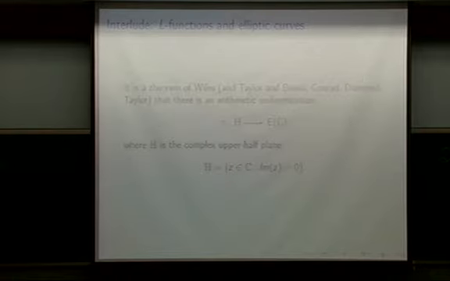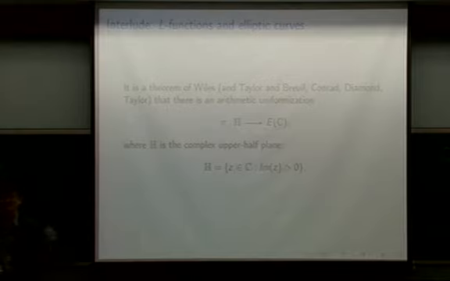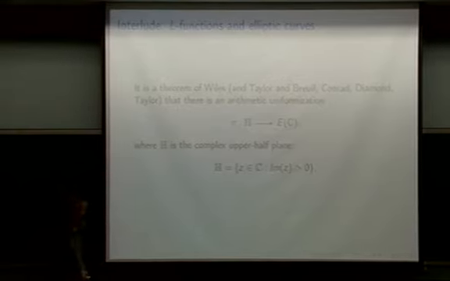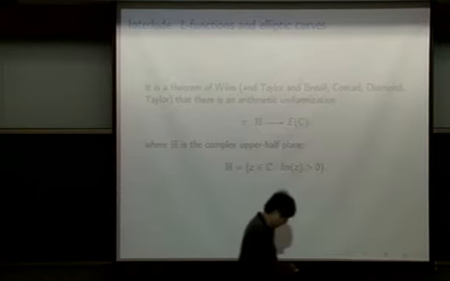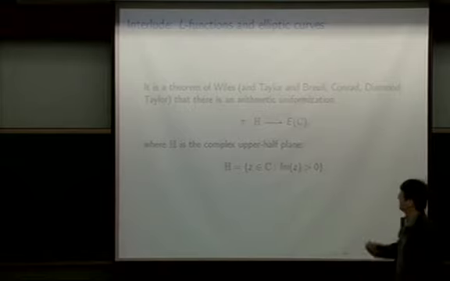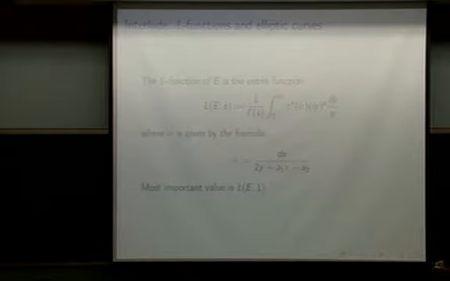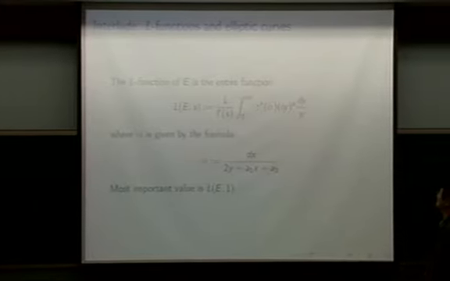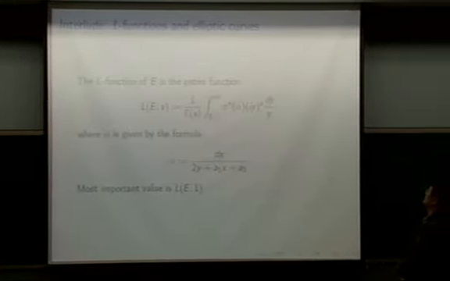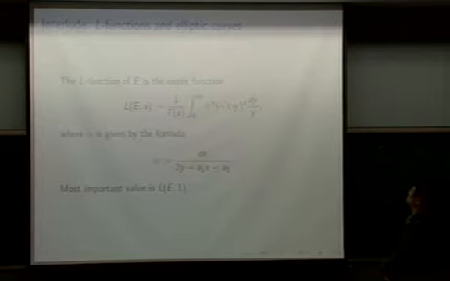The fact that any elliptic curve of this sort, the complex points can be uniformized by the upper half plane in this way. This was a big breakthrough, of course, in 1995, and many results follow from this. But be that as it may, what I wanted to say about this was that you can use this, for example, to define something called the L function of the elliptic curve.